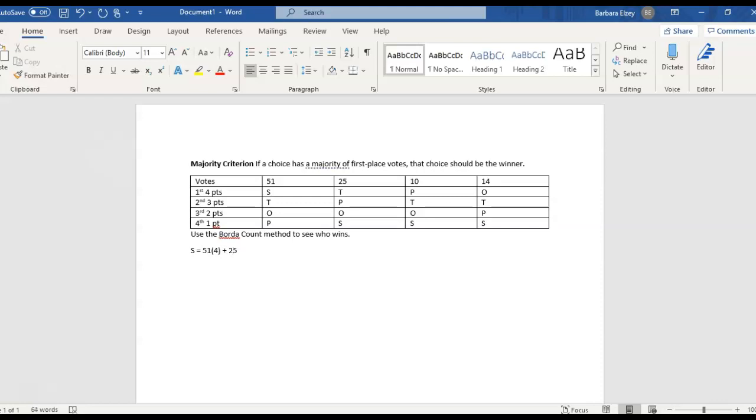And for the 25 people in the next column, let's notice S is last, so it only gets 1 point. And for this one, again, S is last, so it only gets 1 point. And then finally, for these 14, S is last, so it only gets 1 point. And let's add those up, and that's 253.